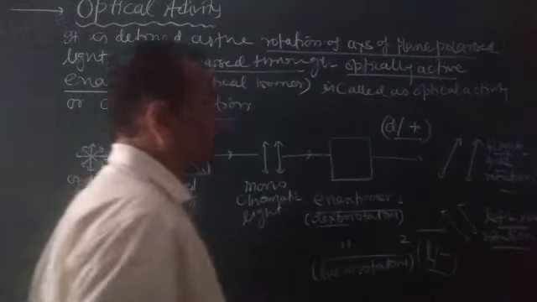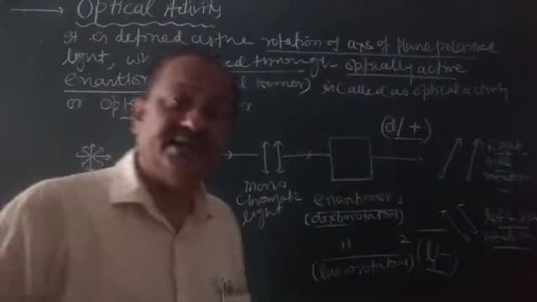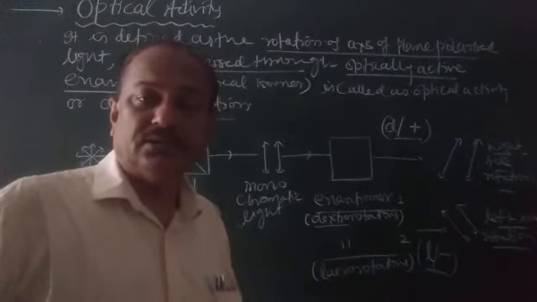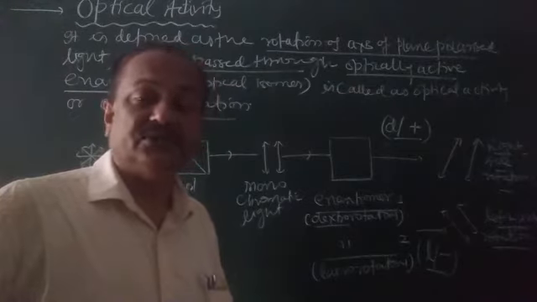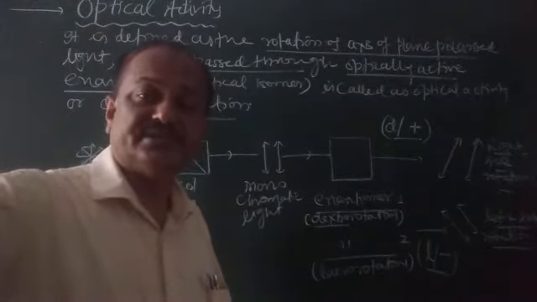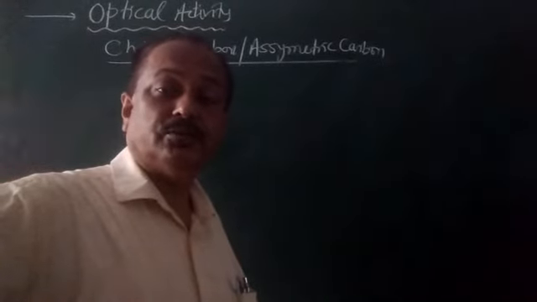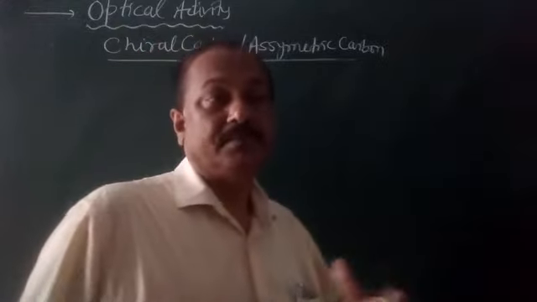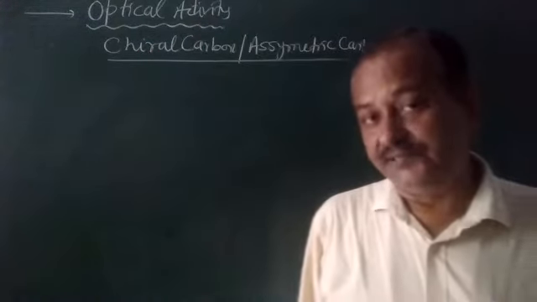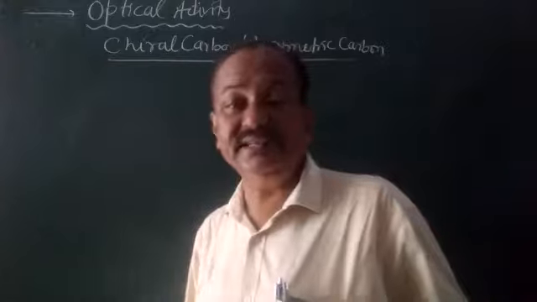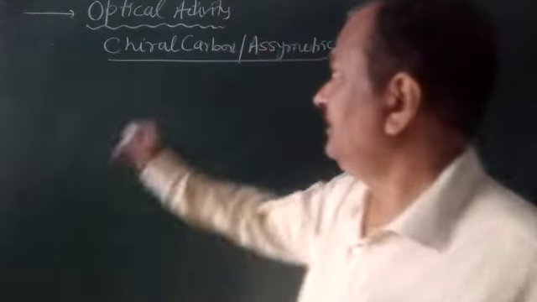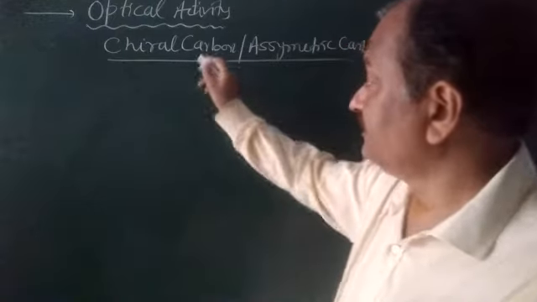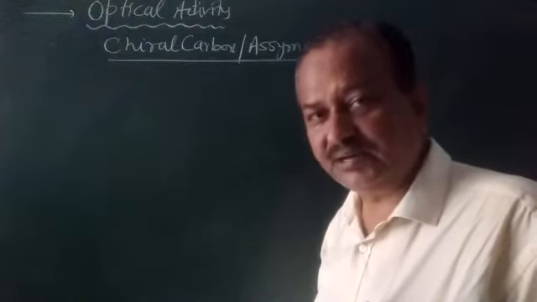So this is about the optical activity, and it is a very important tool to understand the stereochemical aspect of the SN1 SN2 reactions. Now you must be wondering why optical activity is exhibited. Actually, optical activity is exhibited by some special type of molecules, and such molecules have the chiral carbon.